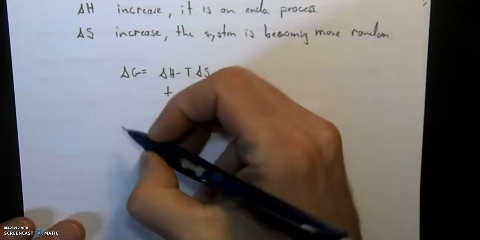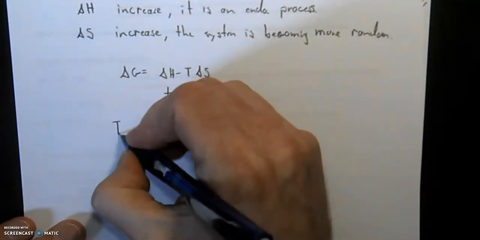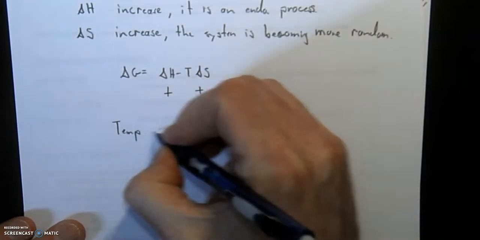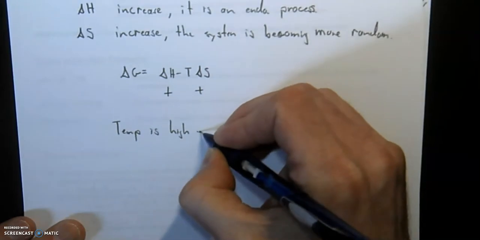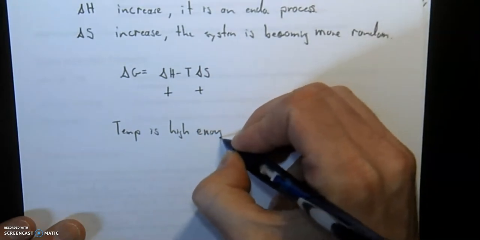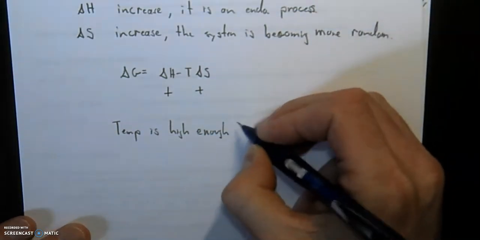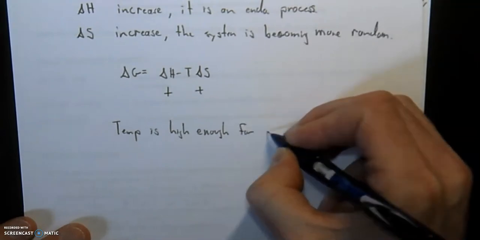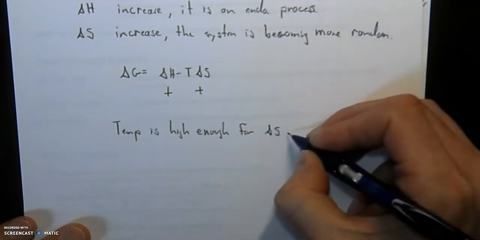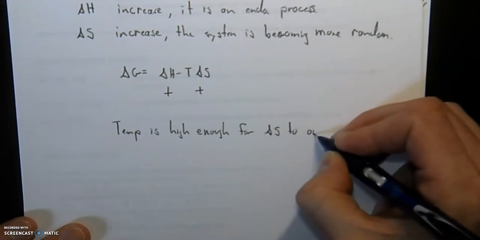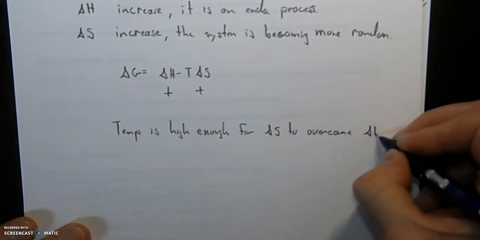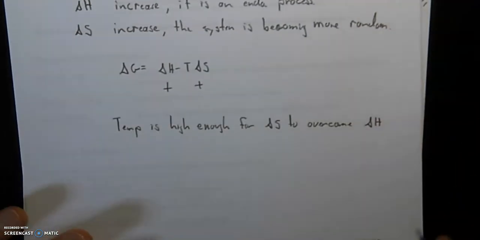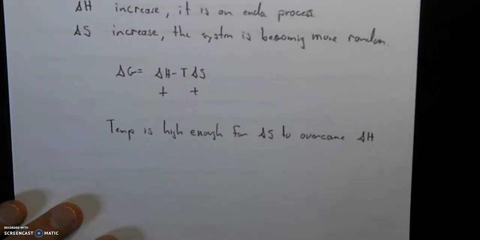And we'll write that down. Temp is high enough or large enough, and that is for delta S to overcome the delta H value, which is not working in the direction we need it to for this to be a spontaneous reaction.